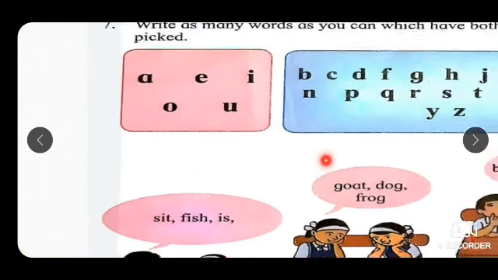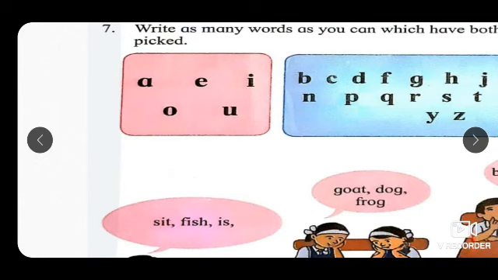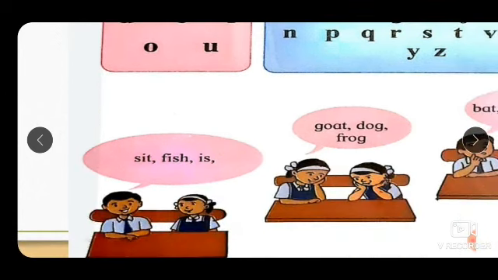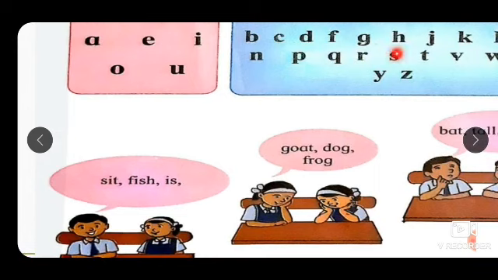For example, Rahul has placed his finger on letter I from the pink box, from vowels, and Priya has chosen letter S from the blue box, that is from consonant letters. Now they got 2 letters, I, S.